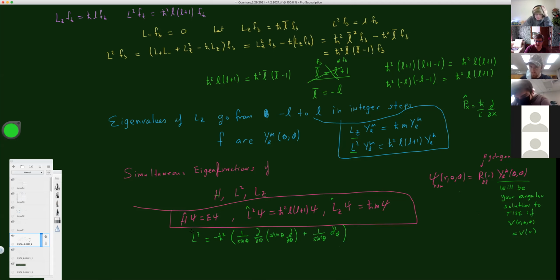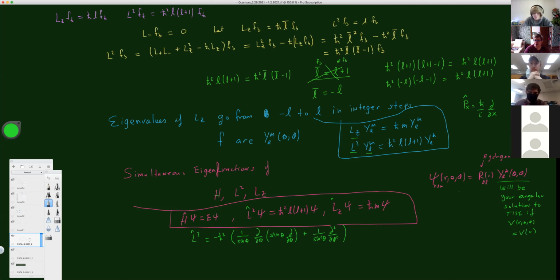This is the differential form of L squared. Oops, sorry, I didn't use the notation that I want. This would be partial squared over partial phi squared. So if you acted this differential operator on the Y_lm, you would get back this particular eigenvalue and the Y_lm.